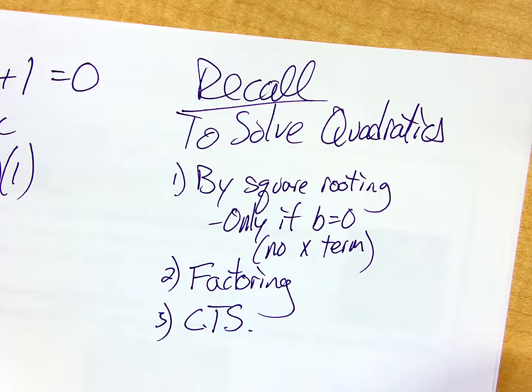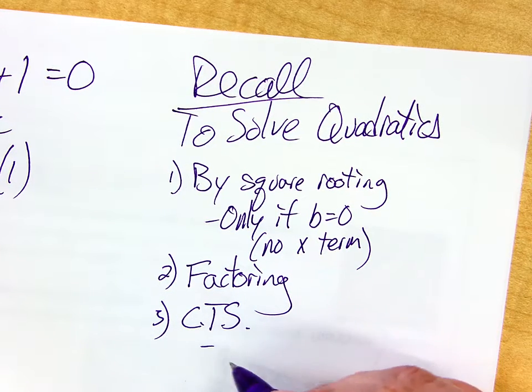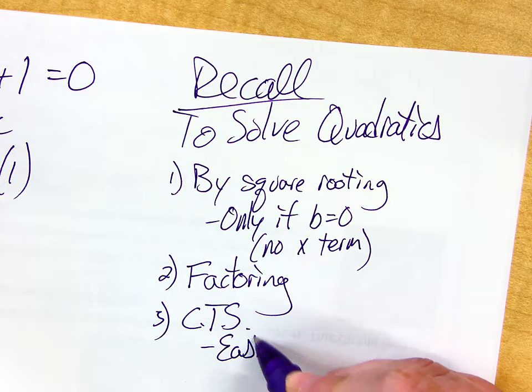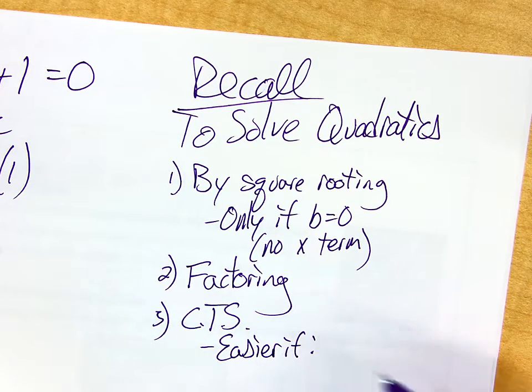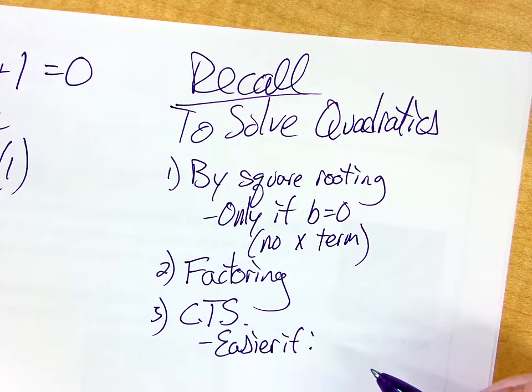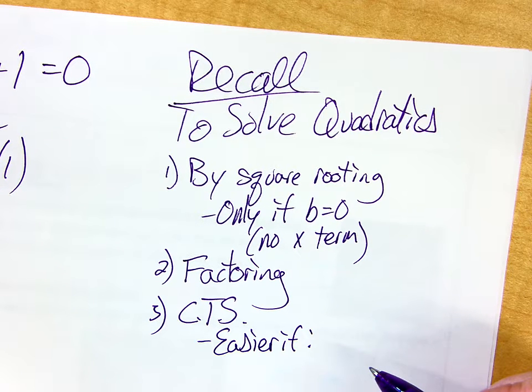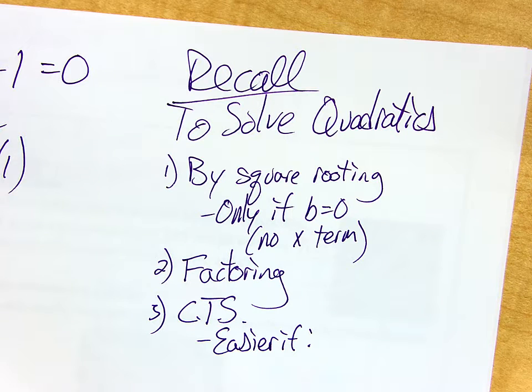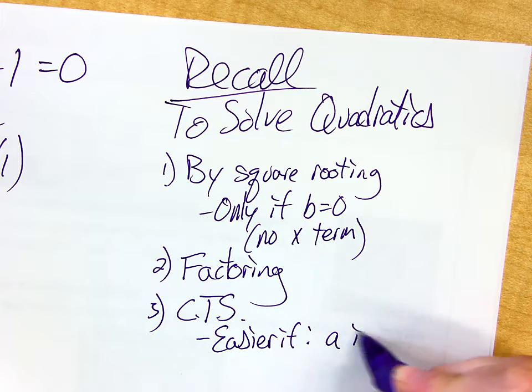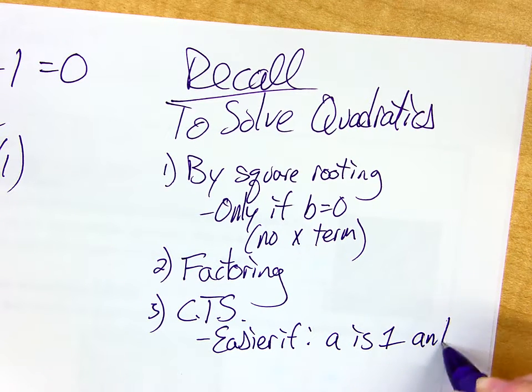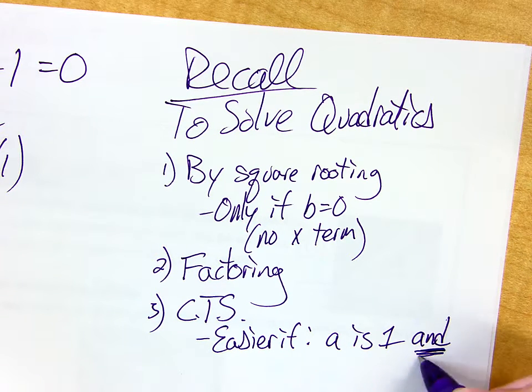You can do completing the square on any quadratic, but as we learned yesterday, it's a whole lot easier if what is true? What makes completing the square easy? You want a to be 1. Easier if a is 1 and... Why was the homework last night easier than everything we did in class?